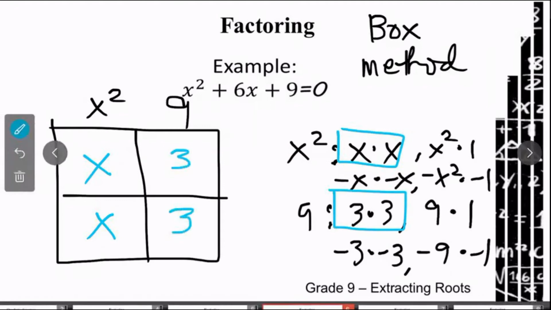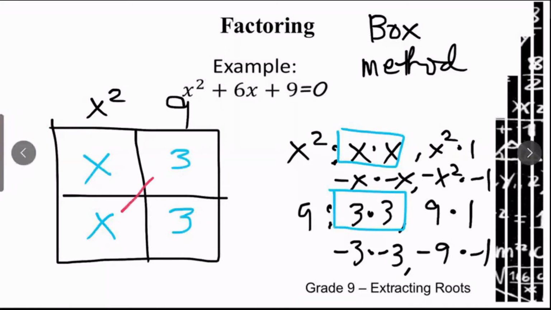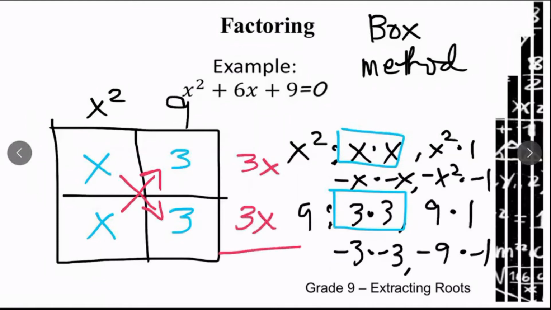Always remember, for us to check if our answers are correct, we will just multiply them directly diagonally. So x multiplied by 3, ano po magiging sagot? We have 3x. And if we add them, 3x plus 3x, it will become 6x.